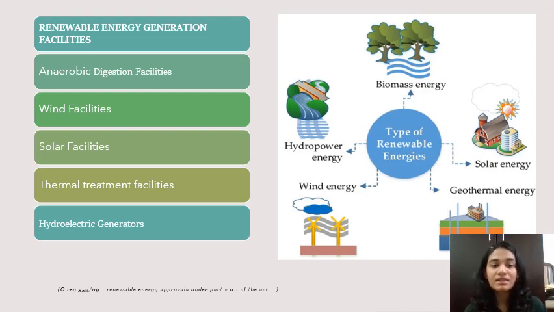The fourth is thermal treatment facilities. Here electricity is generated from burning waste materials. During the burning process, steam is released and the turbines convert this steam or heat into electricity.